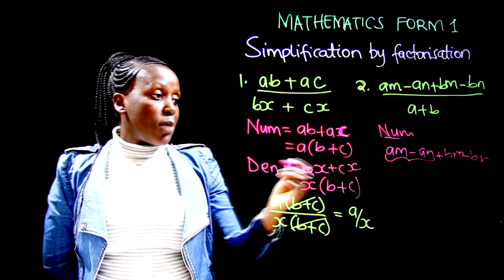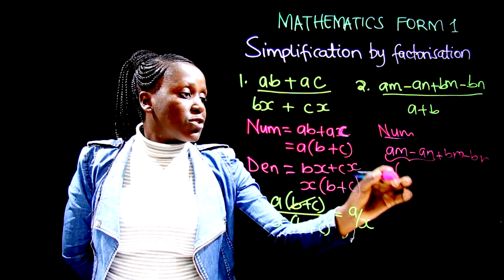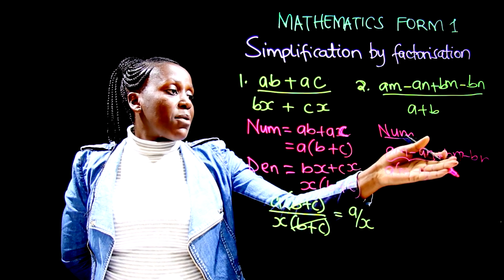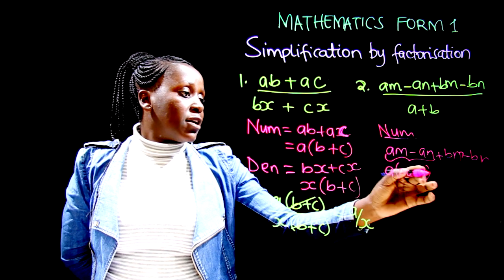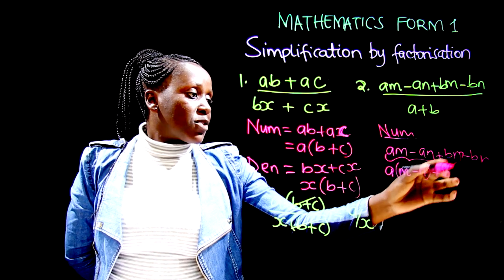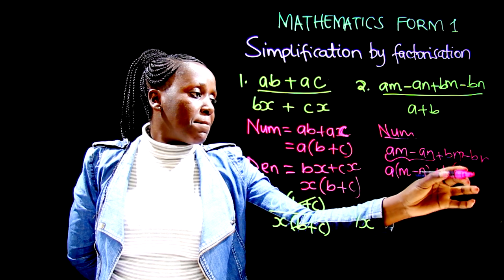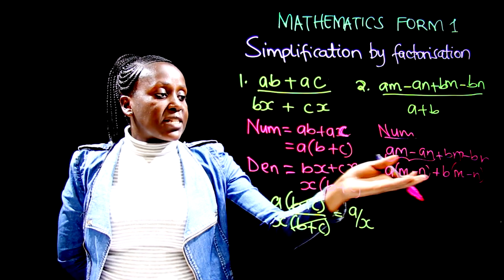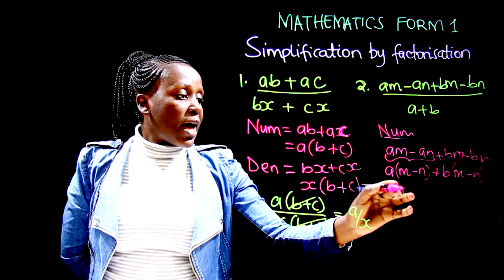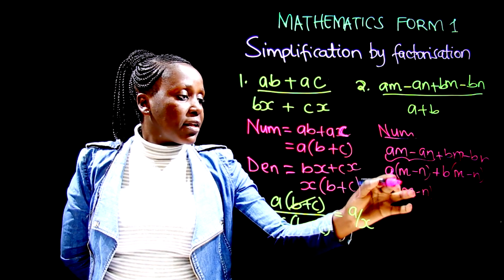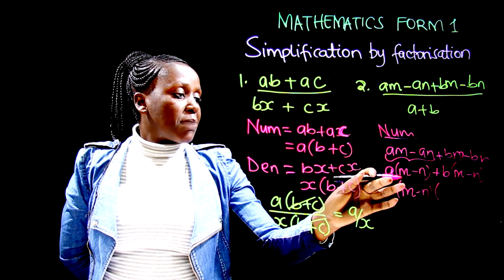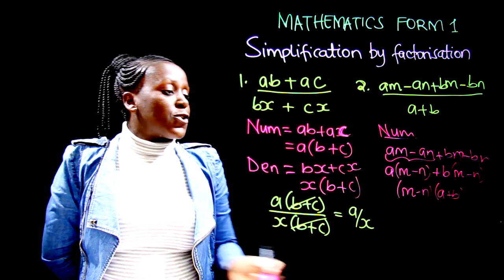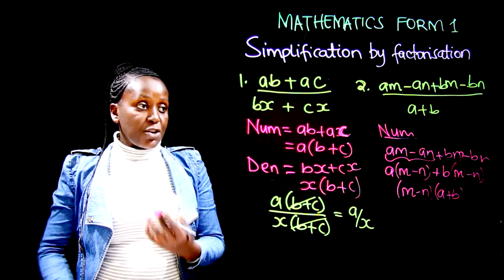A is common, so we factor it out so that we have M minus N. Then here we have BM minus BN, so we factor out B so that we have M minus N. Now M minus N is a common factor, so we will have M minus N, and then we multiply by the two multipliers, A plus B. So now we have fully factorized the numerator.